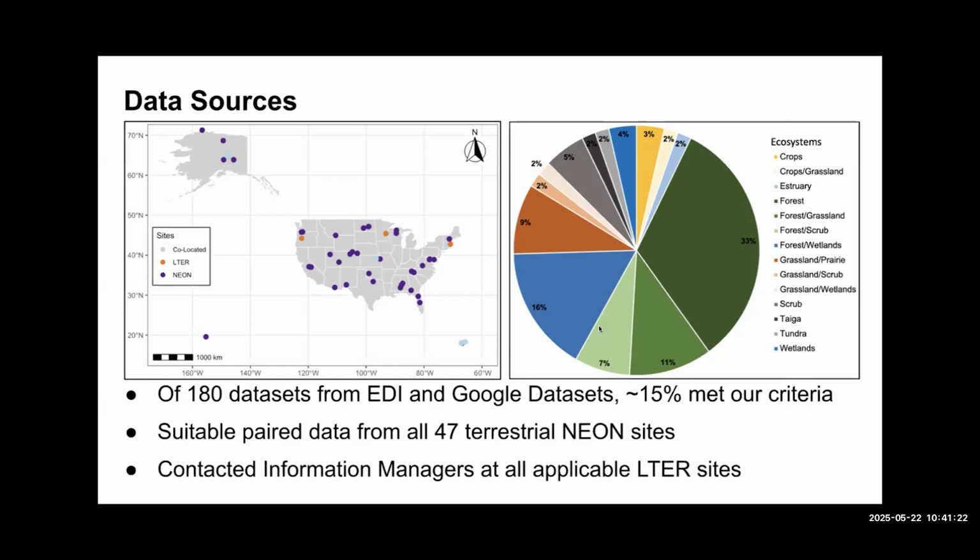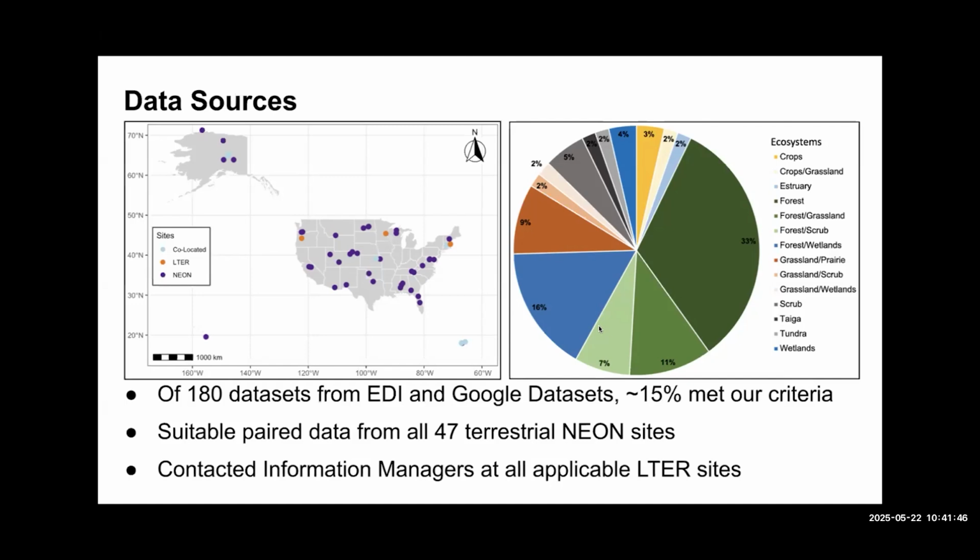Out of that, only about 15% met the criteria that I described. It turns out that it's pretty hard to find not only spatially paired above and below ground data, but also repeated samples over time. And as has been the case for a long time, those below ground communities are generally much less studied than the above ground plant communities.